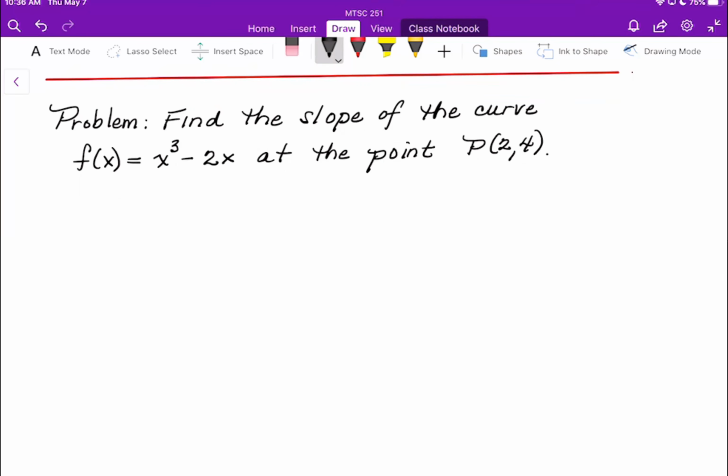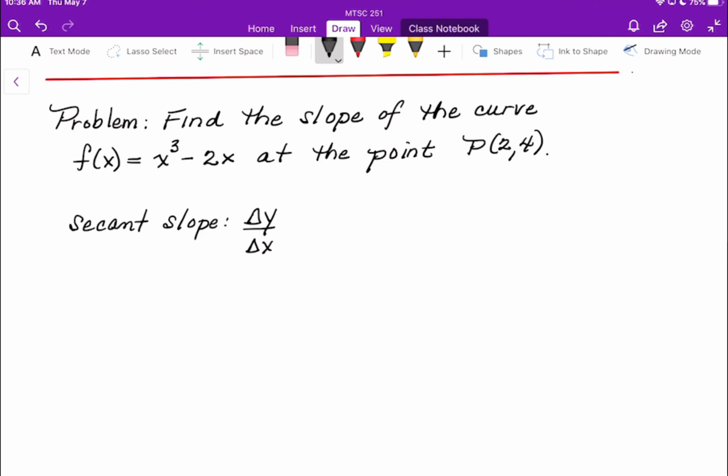first. So let's find the secant slope. So the secant slope says, let's look at the change in y over the change in x. So we're evaluating the slope at 2 different points.